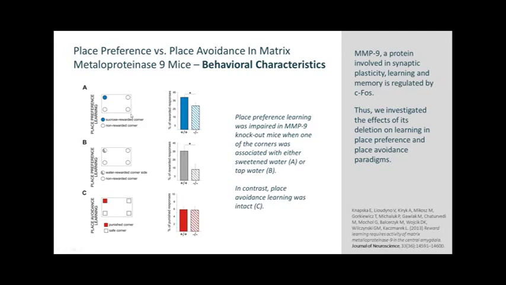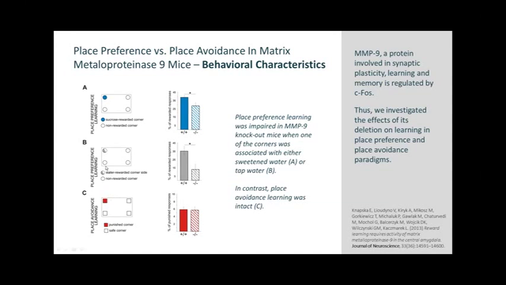in exactly the same behavioral paradigms I showed you before: the place preference learning paradigm, in which mice had access to sweetened water in 1 of 4 corners, and place avoidance learning, during which they obtained air puffs in 1 of 4 corners.